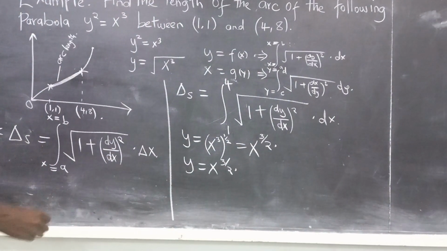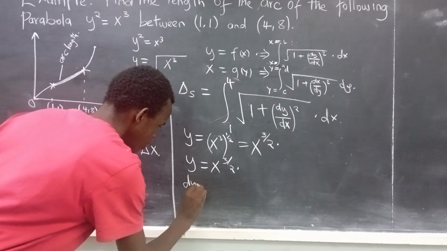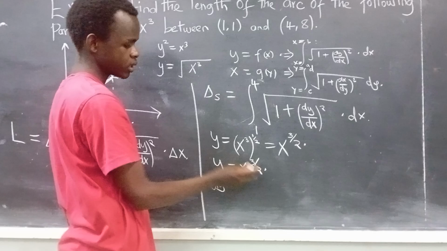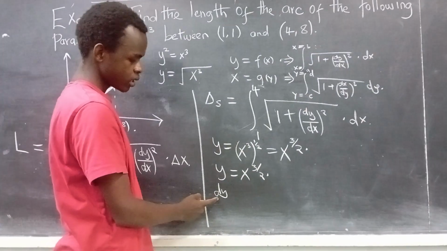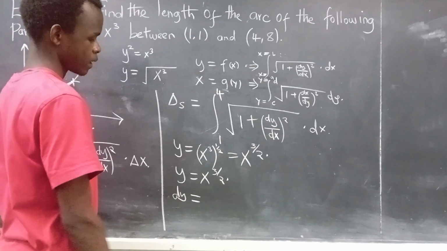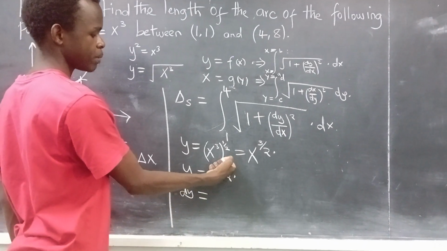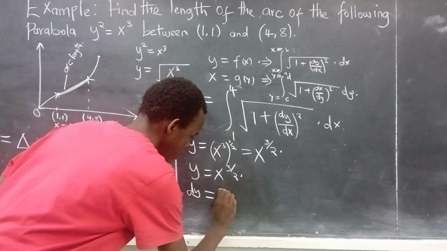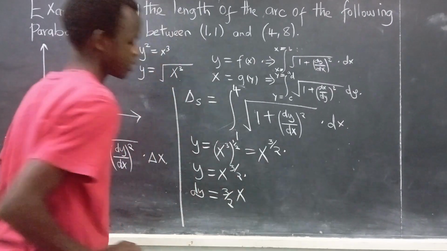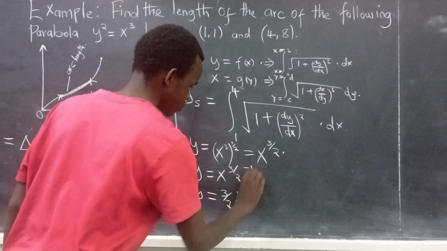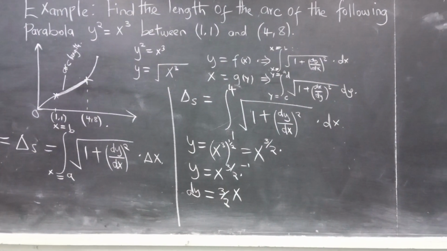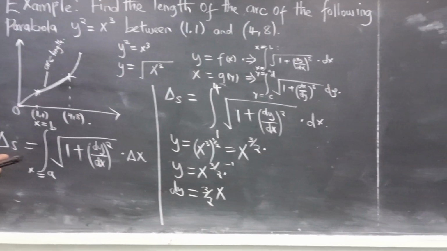So I'll be finding my dy. I'll be differentiating y with respect to x. Taking the power and multiplying in front, we get 3 over 2. I'll write x again, then I'll minus 1 from the power, so it will be 3 over 2 minus 1, so it's just a half.